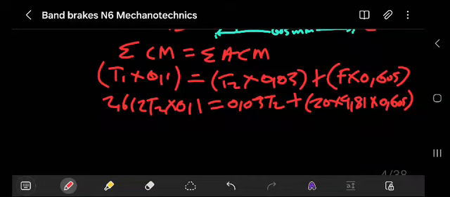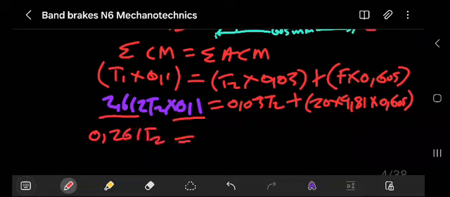So yeah, here we'll have, multiply this, same as 0,1 multiplied by 2,6112, 0,261 T2 is equal to 0,03 T2 plus 118.7.